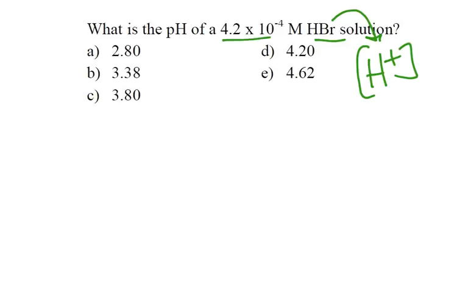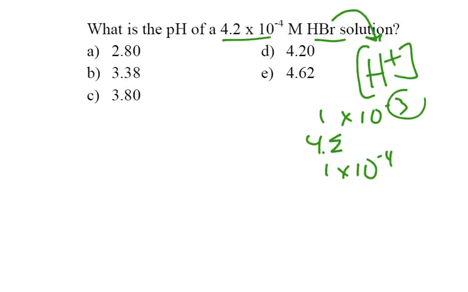Now we know that since it's 4.2 times 10 to the minus 4, then that is somewhere between 1 times 10 to the negative 4 and 1 times 10 to the negative 3. So we need a pH that's somewhere between 3 and 4. In that case, we can eliminate that answer, we can eliminate that answer, and we can eliminate that answer. Now, if you were guessing, you'd guess either B or C, but you really would calculate the answer and find out the answer is B.